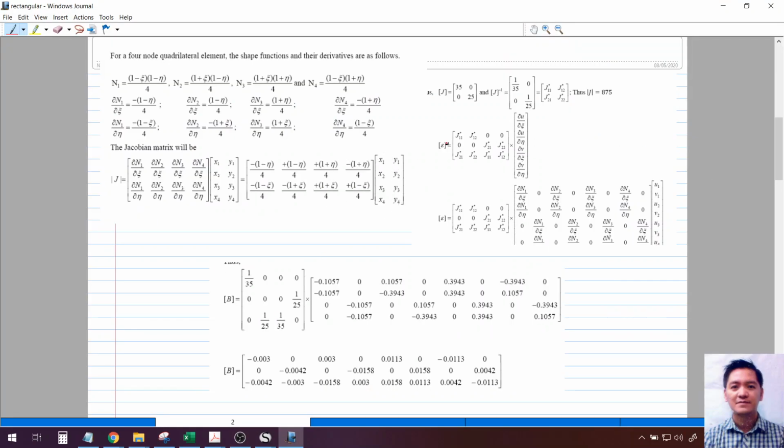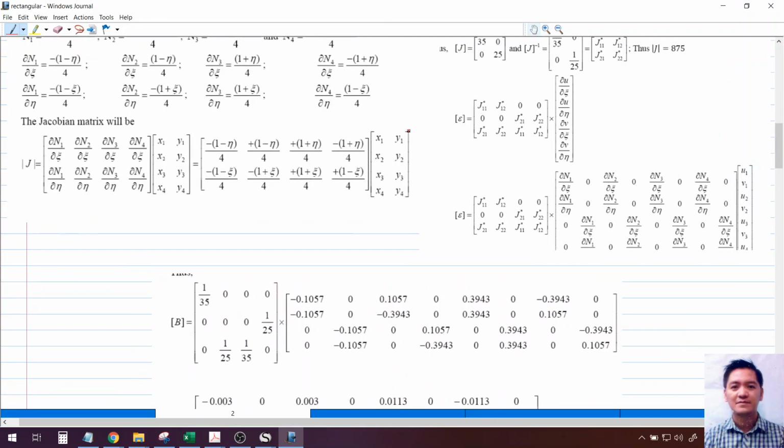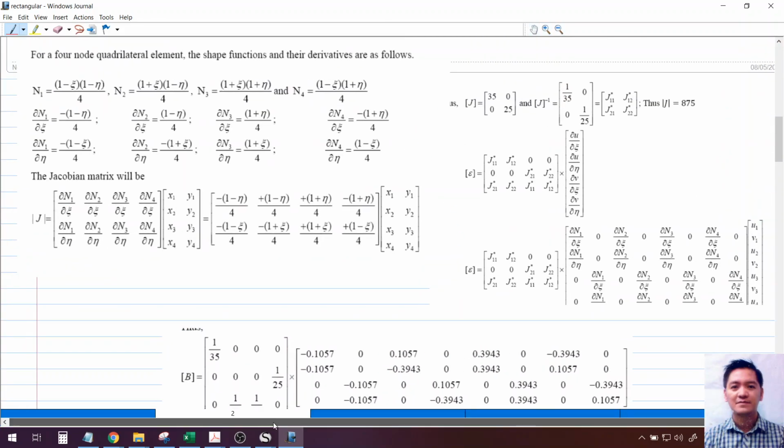So from that problem, okay, so you get the n matrix or the shape function, which is this, no? And then get the partial derivative of those. Halimbawa, itong 1 minus c, 1 minus eta over 4.